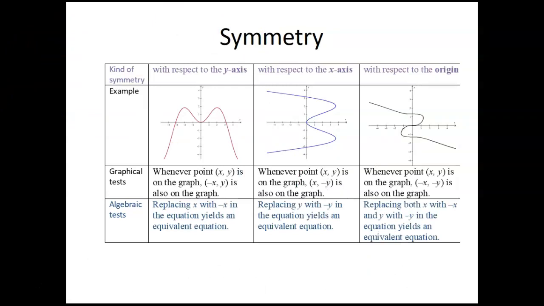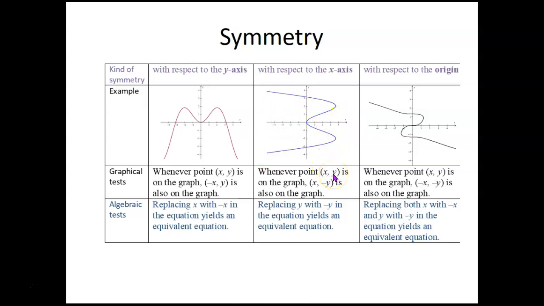That's one of 3 kinds of symmetry that we can watch out for. The one we just saw was the one I've got in the middle here, symmetry with respect to the x-axis. That's where the top half and the bottom half are mirror images of one another on either side of the x-axis that runs right through the middle of the graph.